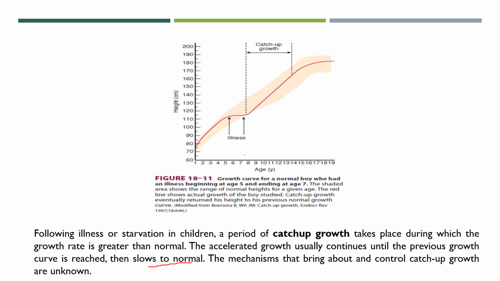This shaded part shows the actual growth of the boy, and we can see there is a cessation of growth here, but at this age, due to catch-up growth, it has recovered and restored the normal height for that age. So this type of growth is catch-up growth, and the mechanism that brings about and controls catch-up growth is unknown.